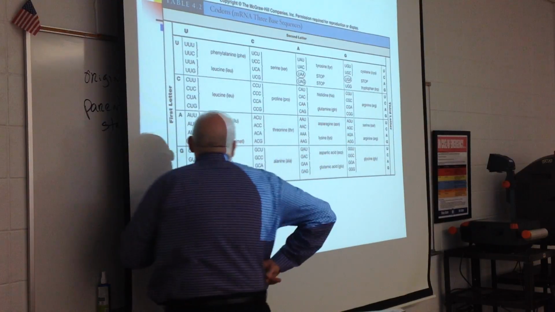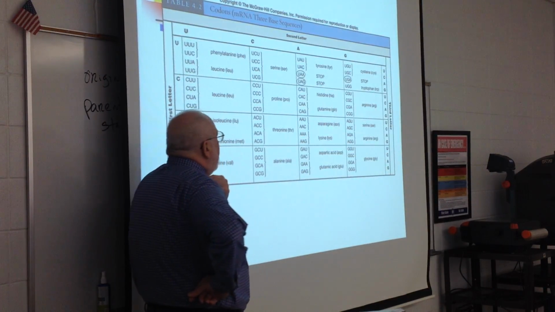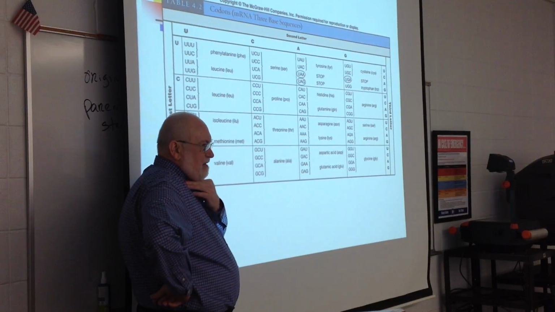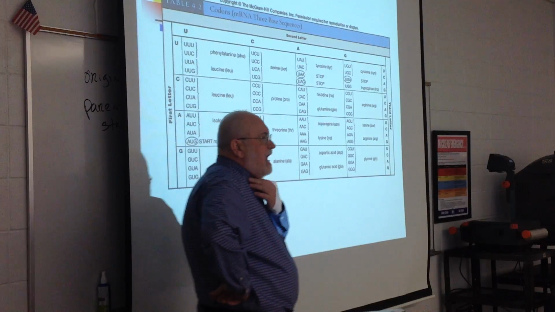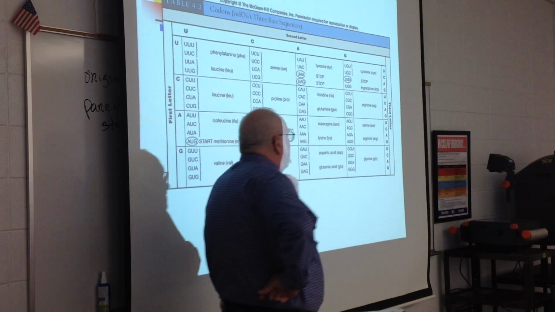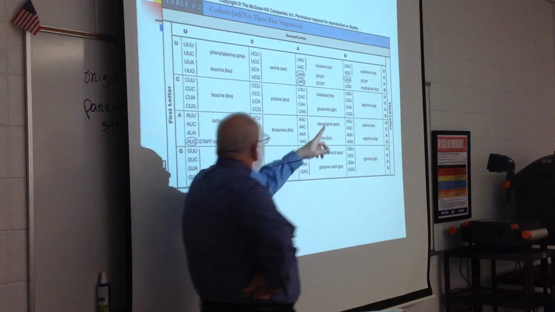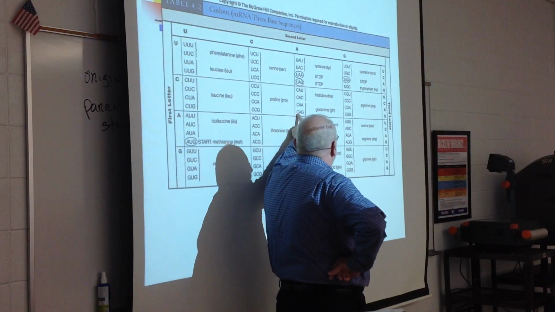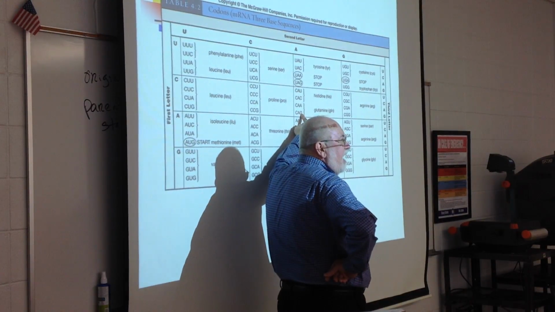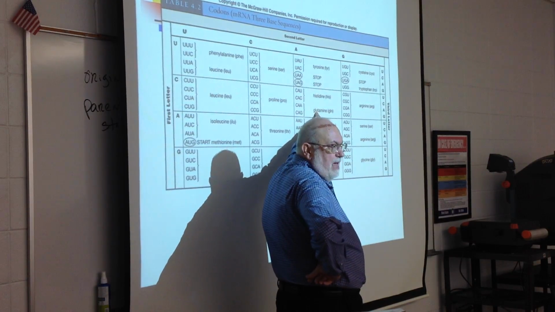Now let's suppose that we have another codon, and let's say this codon is CAG. Find that one, CAG. What amino acid does that specify? Glutamine, right? Here it is. CAG, you find that 3-letter combination, and it's specifying a glutamine.